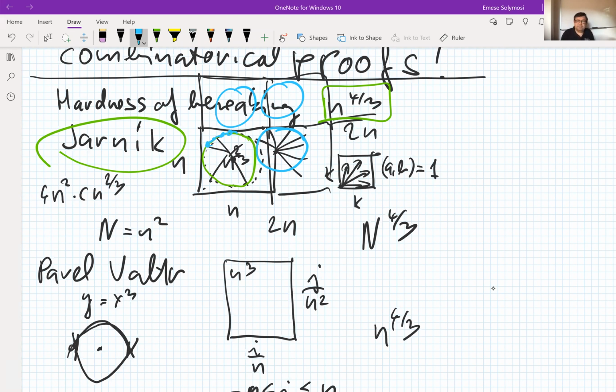And among two translates, you don't have more than two intersections. You do the calculation and you have n to the 4/3. The original proofs were analytic and quite complicated, but using crossing number, you can prove such statements.